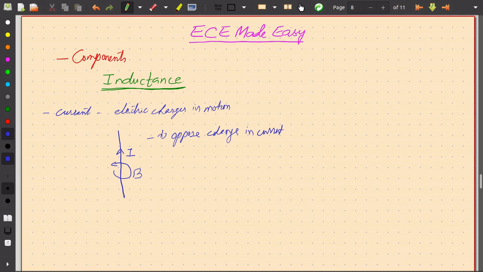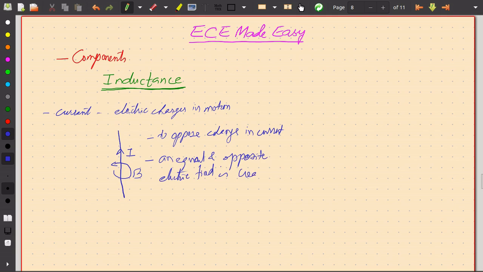Similar opposition we get from the property called the magnetic field. So whenever there is a change in the electric current, then an equal and opposite electric field is created that produces current to nullify the change.